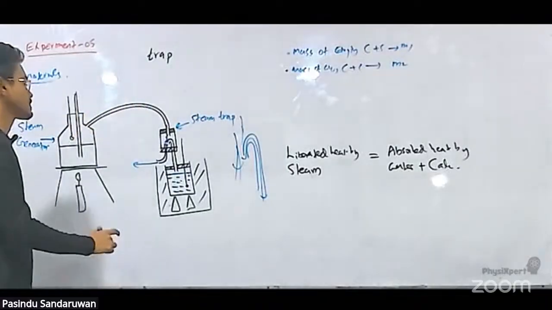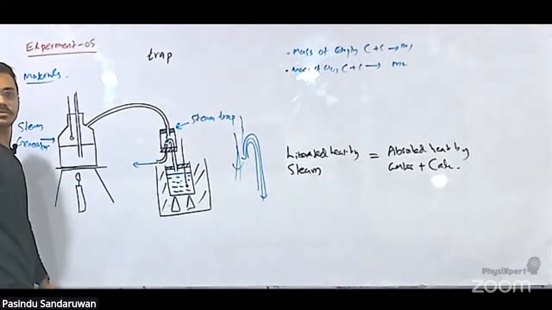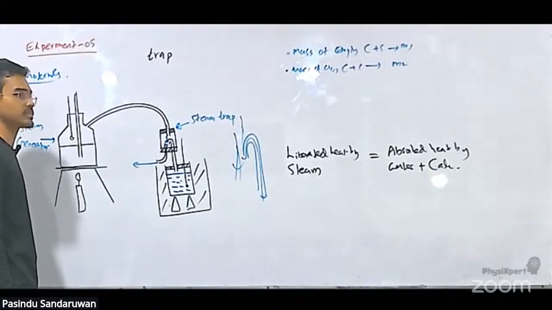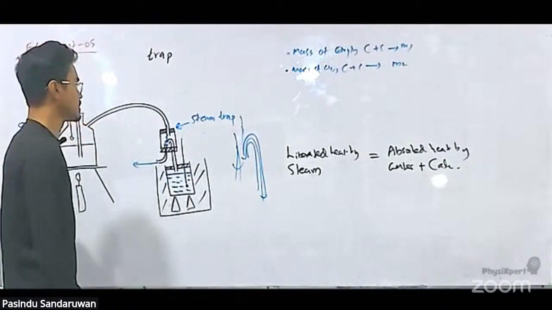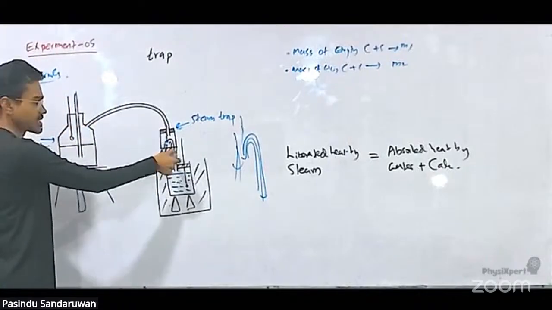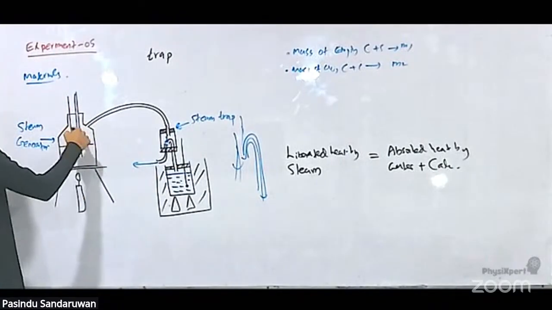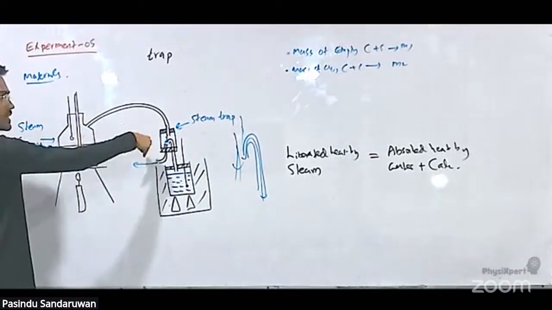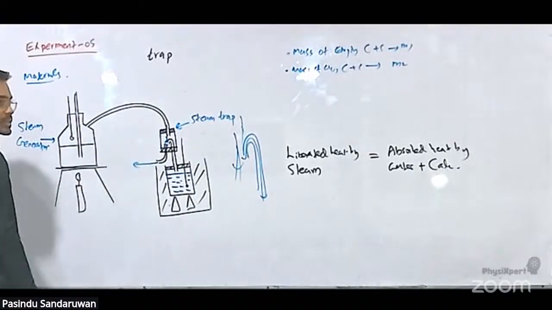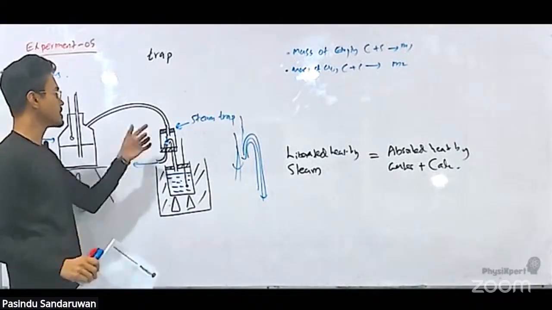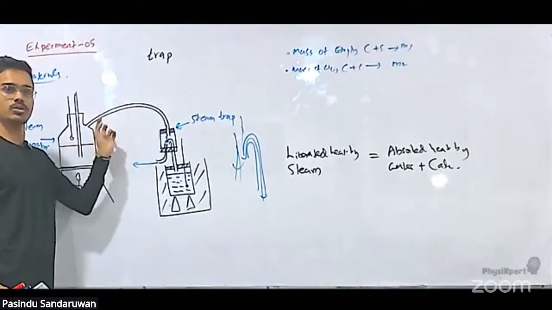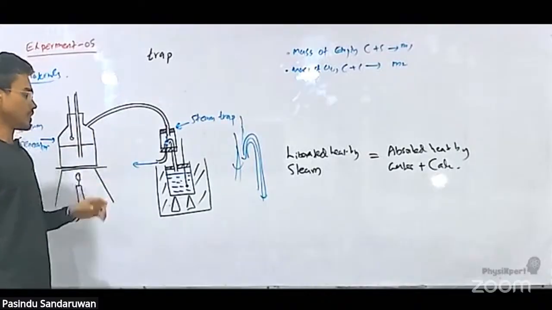What is the initial temperature of steam? 100, right? The steam here must be at 100 because it was at 100 here. To minimize heat loss through the outlet, what we do from our side is make this tube as short as possible here.